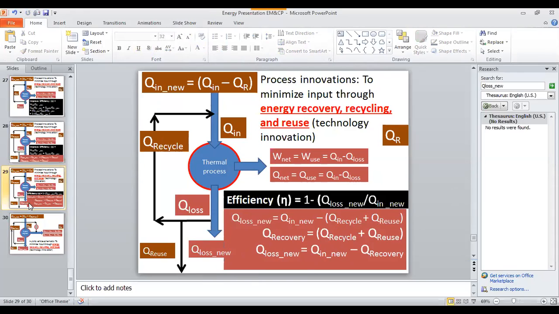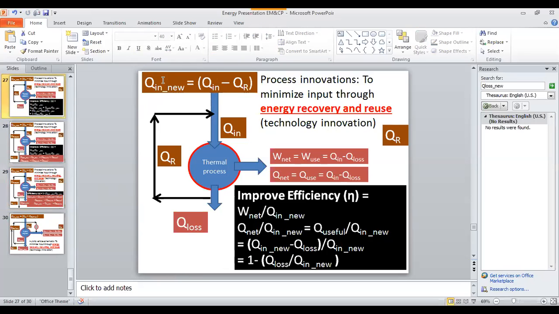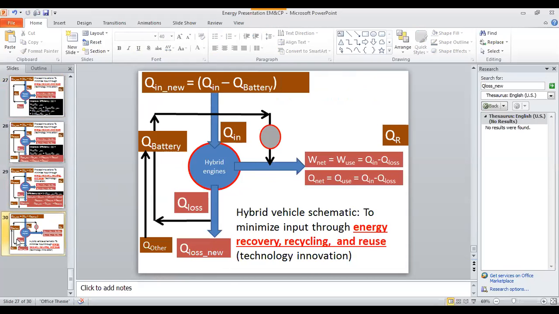So this new Q loss is reduced. Instead of new, we can mention maybe reduced. Q reduced instead of new. Reduced is a good word. Q reduced. New means reduced, with this improvement.